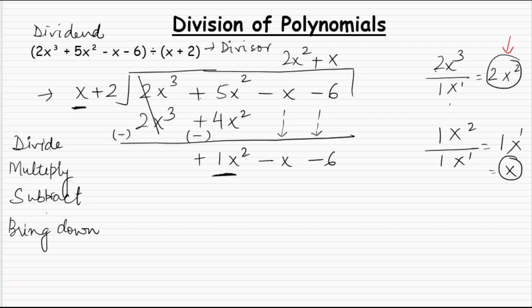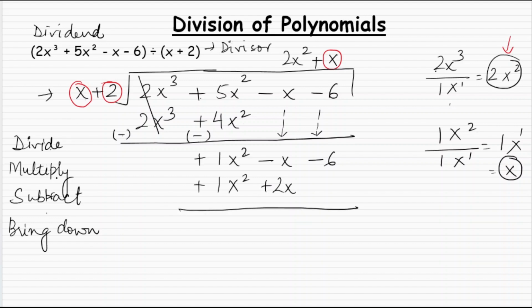What is my next step? My next step is to multiply this new term x with the terms of the divisor. So let's multiply it. X times x, x square. You want to write 1? You can. You do not want to write? Doesn't matter. Plus x times 2, plus 2x.